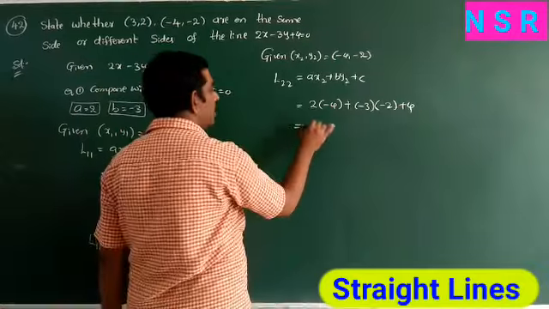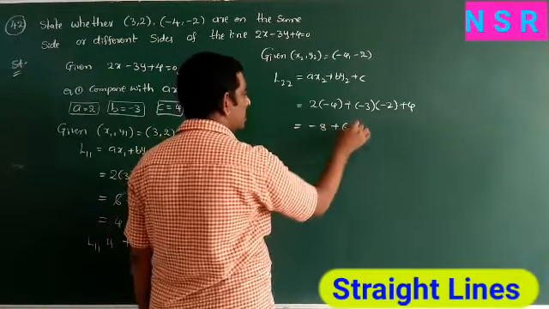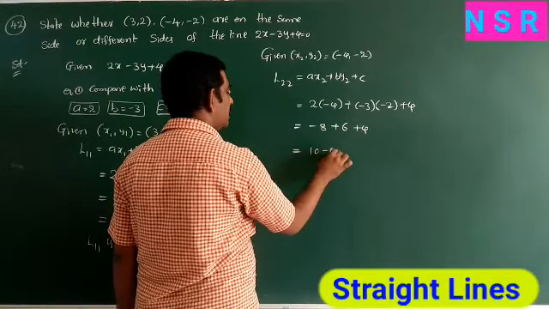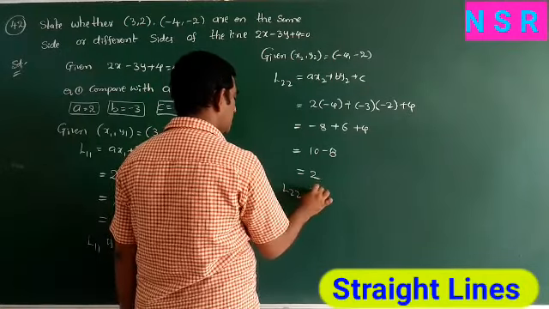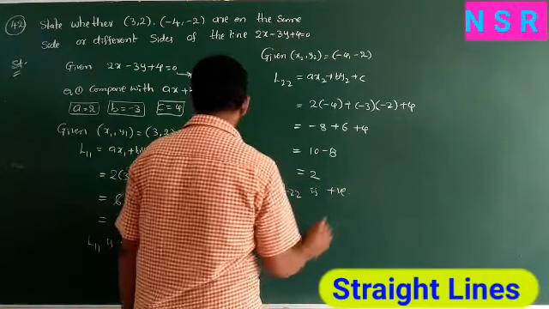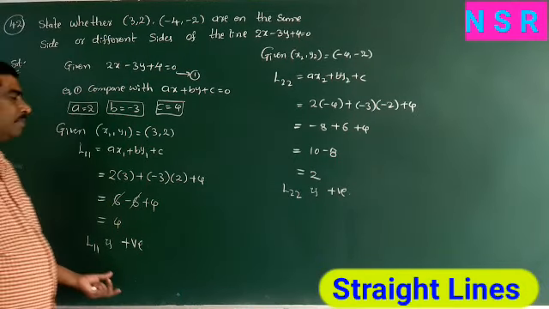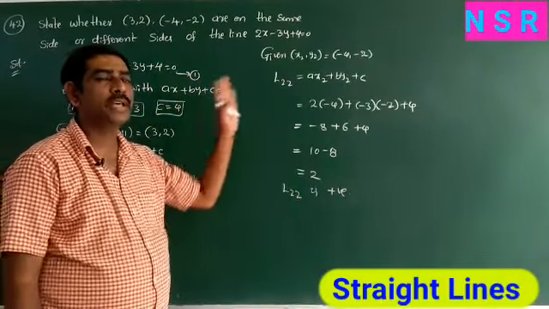So 2 into -4 is -8, -3 into -2 is plus 6, plus 4. So 6 plus 4 is 10, minus 8, so it is equal to 2. So L22 is also positive. So L11 and L22 having the same sign, then the 2 points lie on the same side of the line.